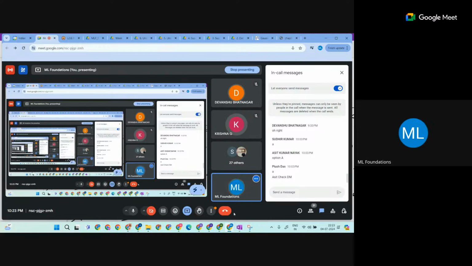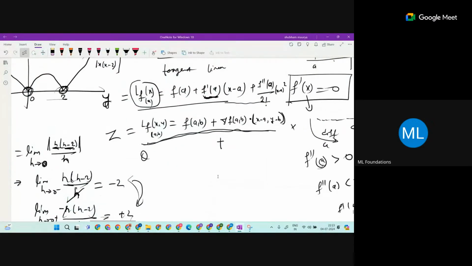Yes. Thanks, Krishnaji. So, what is the tangent? The tangent line represents an equation in algebraic form.